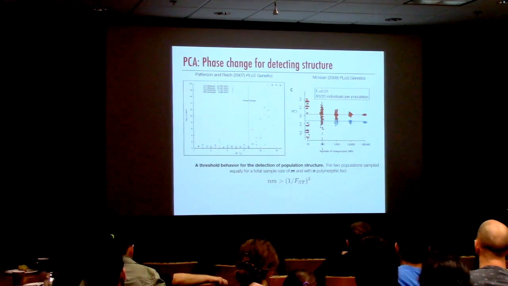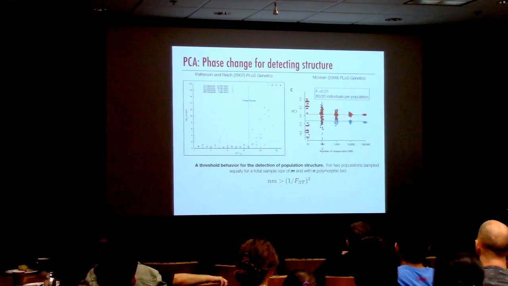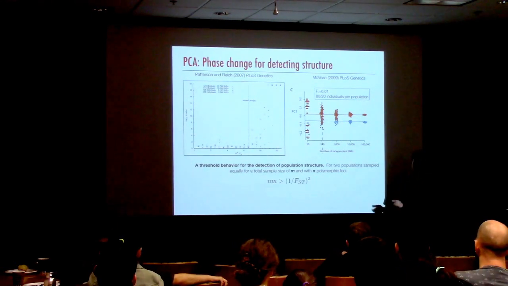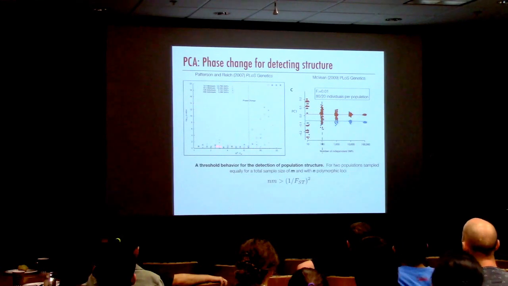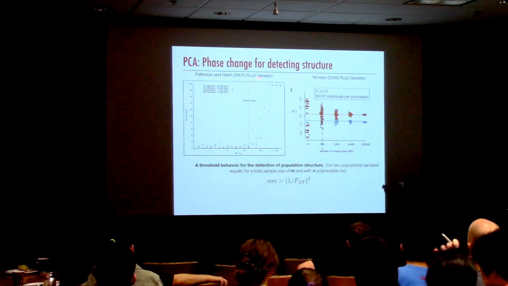Okay, so a few interesting behaviors of PCA. One is that it has this threshold effect, and this may occur for admixture as well, so it's worth understanding. This has been studied in a paper by Nick Patterson and David Reich, where they show that as you increase the level of FST, you get above a certain threshold, and then it's detectable.